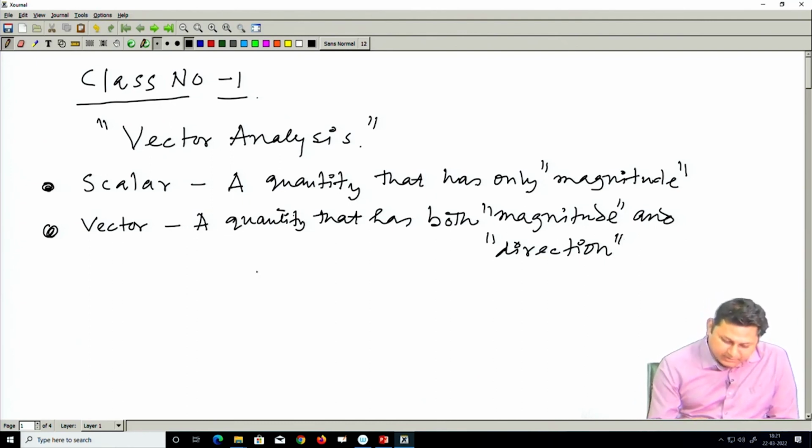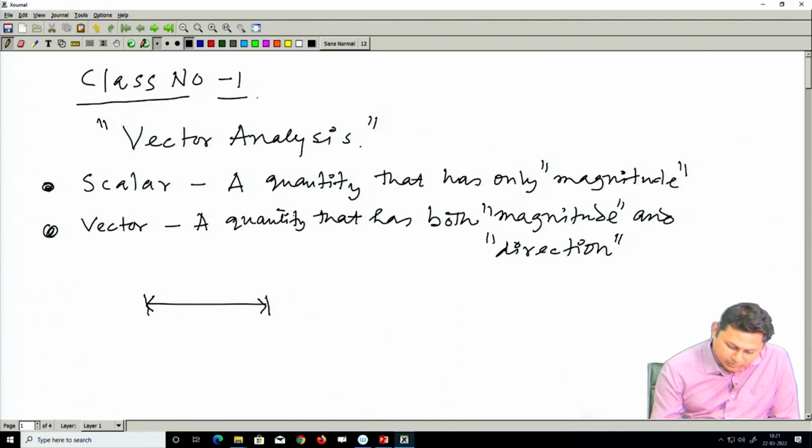If I consider only the length of a certain quantity and want to understand this graphically, then this amount of length, only the length, is a scalar quantity.